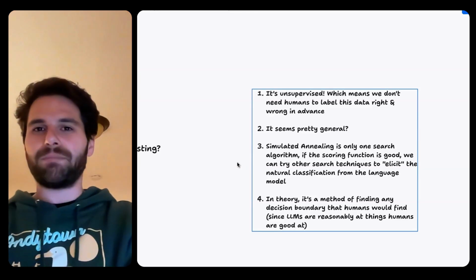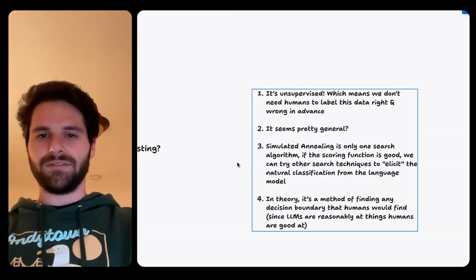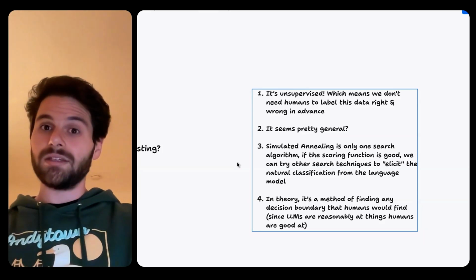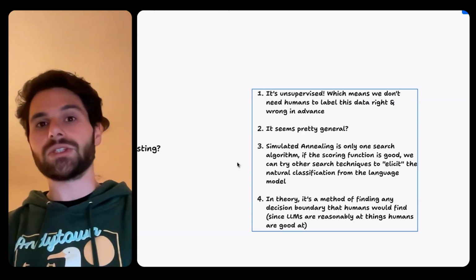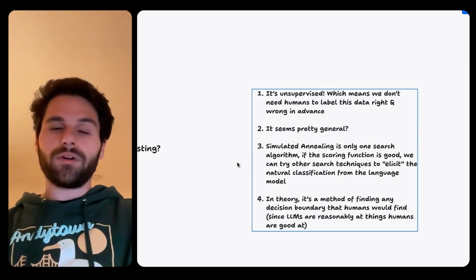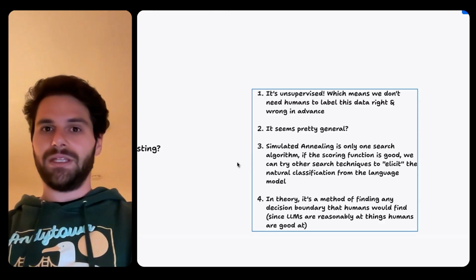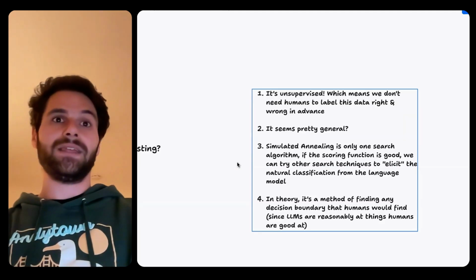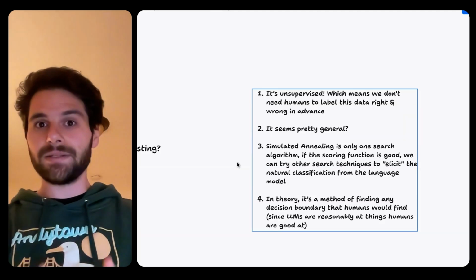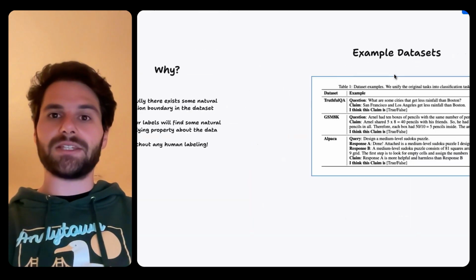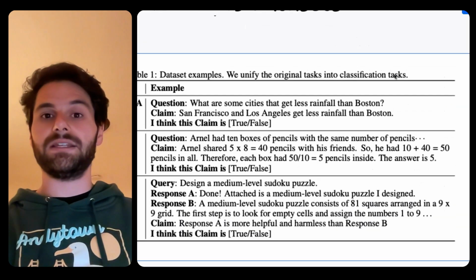So if this pans out, I think this might be the foundation for a lot of new reward modeling, because I think everyone's looking for general unsupervised reward modeling that can work on anything, that doesn't require labeling, et cetera. One thing I will say is all these data sets are pretty clean cut.